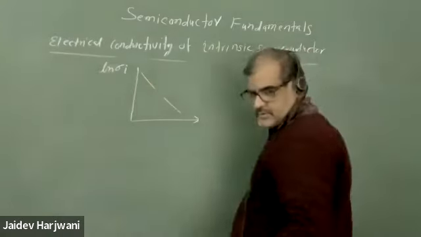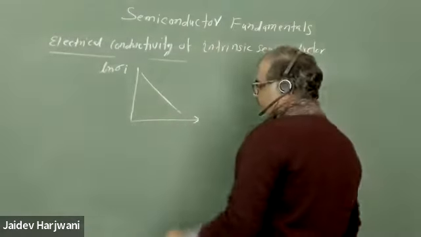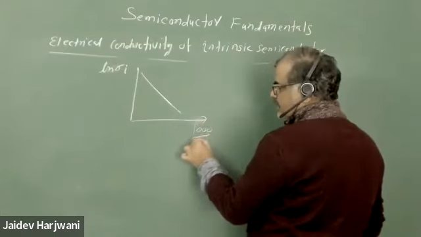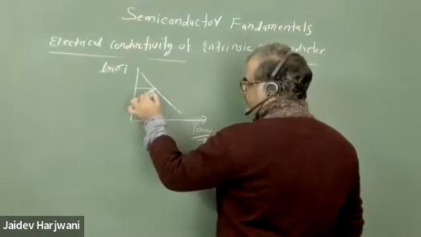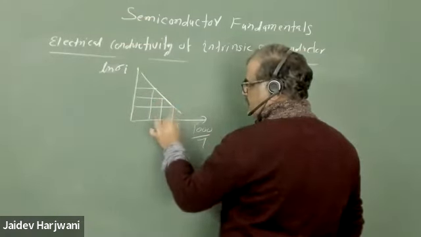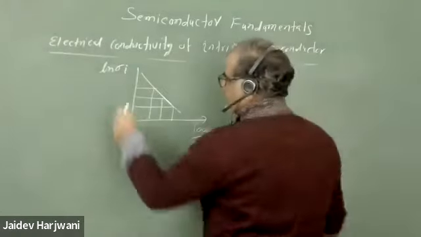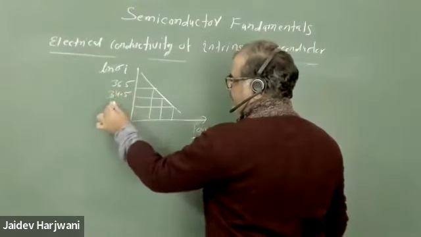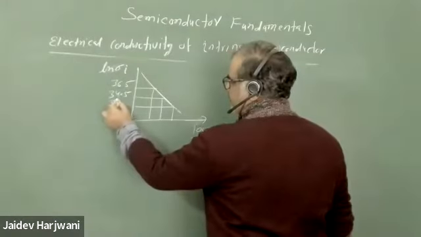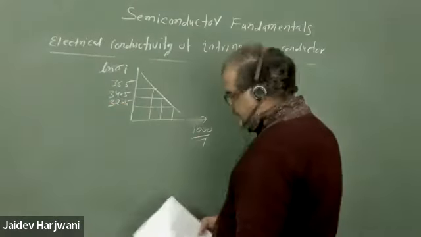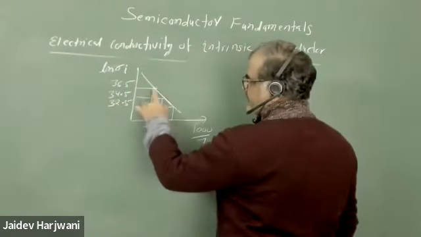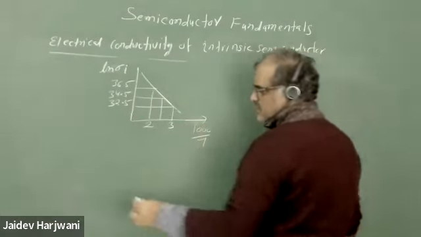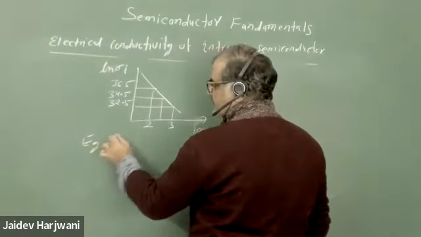They have given you log sigma i versus, instead of 1 by T, a scale of 1000 by T, and they have given you some values: 36.5, 34.5, 32.5 on one axis, and 2, 3 on the other. They are asking what the band gap value Eg is.